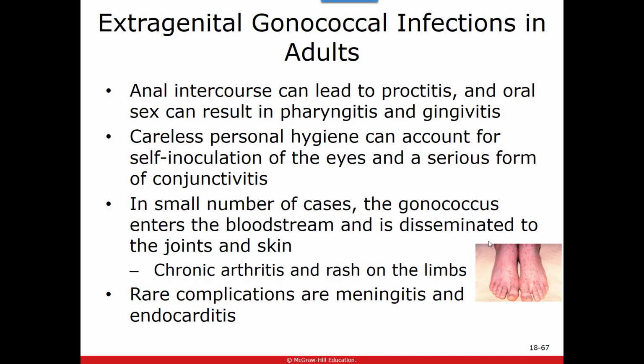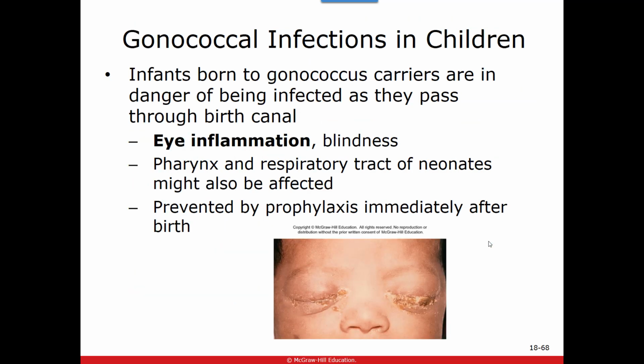Now, if mom has this bacterial infection, and again, 50% don't even know, during pregnancy, infants can pick it up during childbirth, and it can cause a very serious conjunctivitis. It causes that eye inflammation, and it can lead to blindness in newborns. Again, it can get past just the eyes.